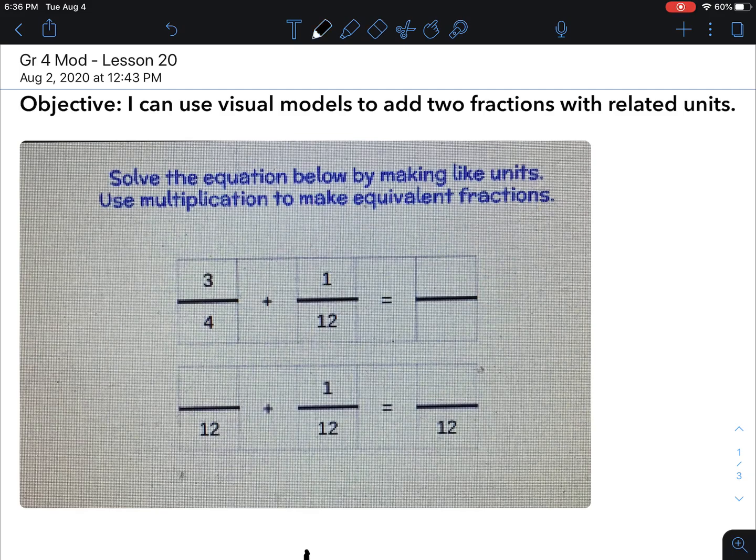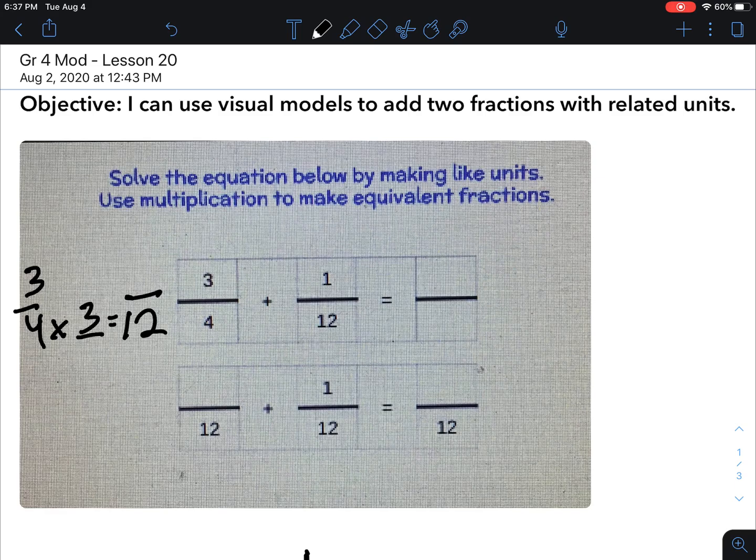If you remember, we've done this before. You take that smaller fraction, or the one with the smaller denominator, and you ask yourself, what do you have to multiply 4 by to get 12? And the answer is 3.